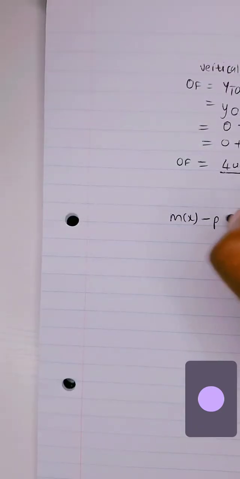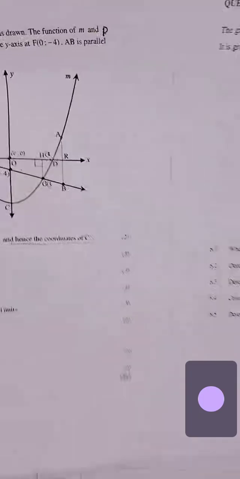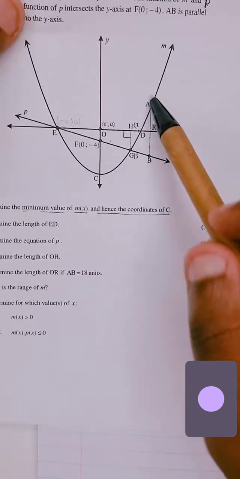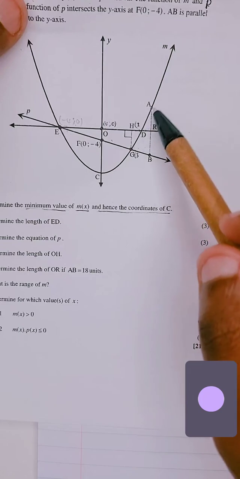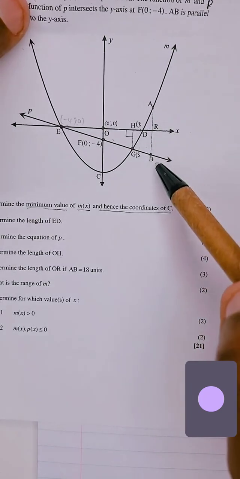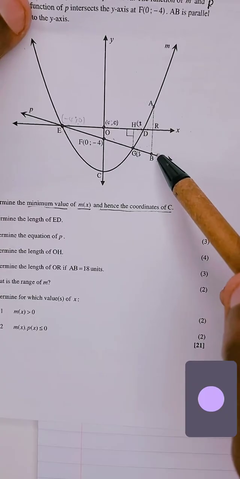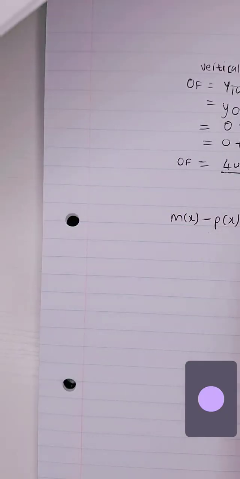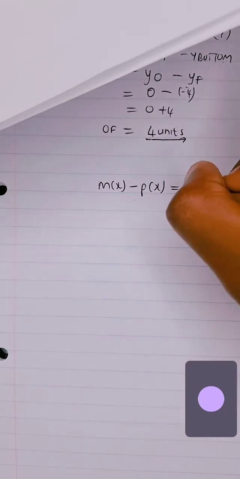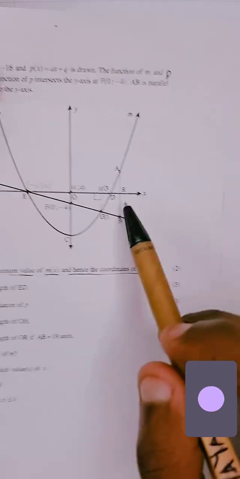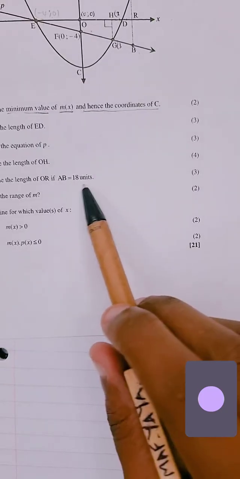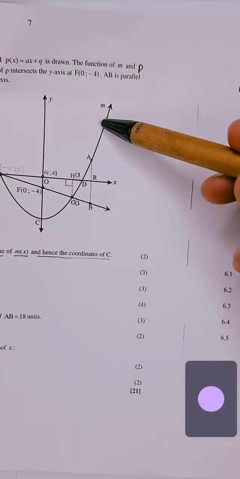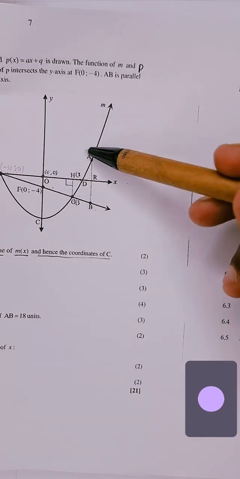M of x minus P of x is equal to... we were told specifically that A touches the parabola, so we take the function at the top minus B. Because B touches the straight line, we say minus P of x is equal to 18, because this is the distance using the actual functions.